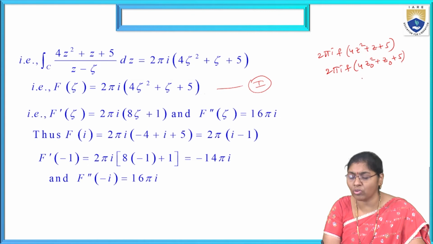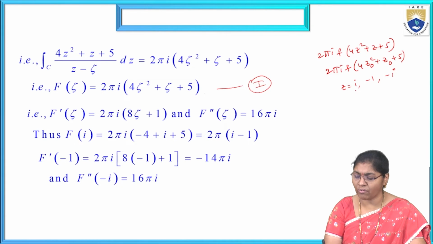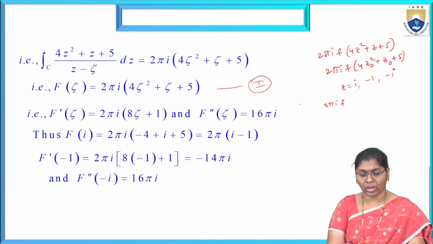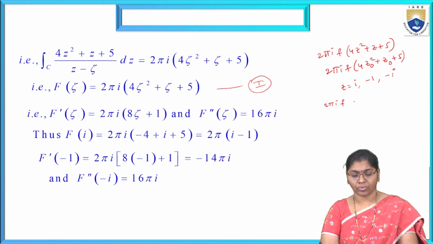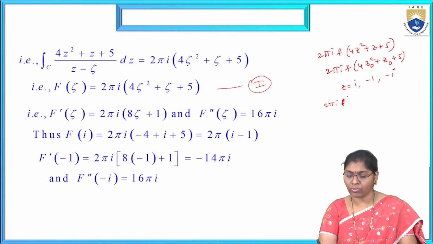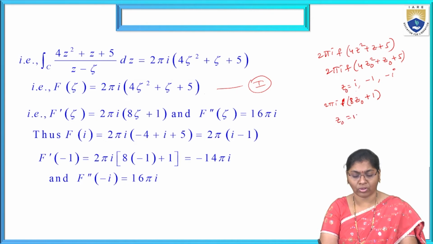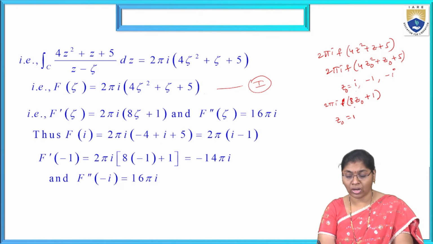First of all, the z_0 values considered are i, then −1, and third −i. For the first value, 2πi times f, substituting directly the z_0 value. The first derivative of this is 8z_0 + 1. The second derivative is 16πi.